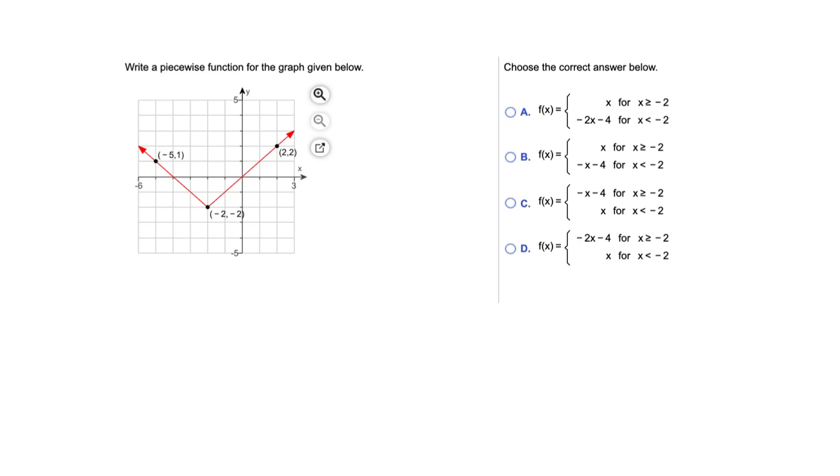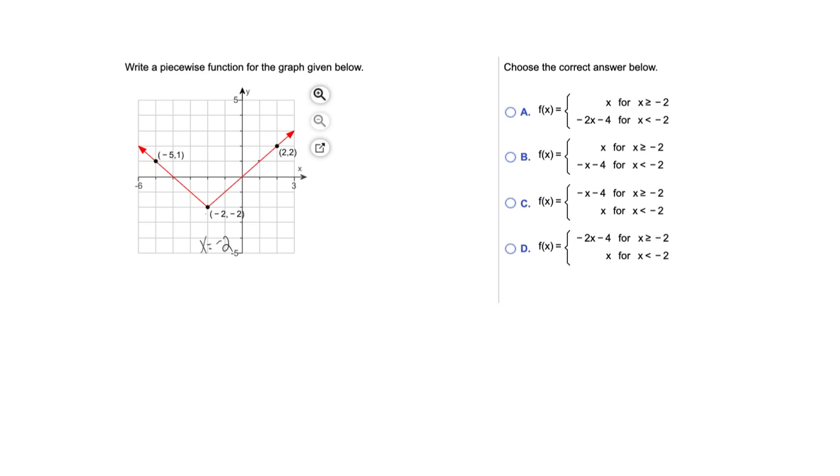All right. For this piecewise function, we can't really tell the domain of each. We know they change at x equals -2, but you can't tell which includes it and which doesn't. So in order to solve this, we need to find the slope and y-intercept of both. Okay. For this graph on the right side, we can easily find the slope.